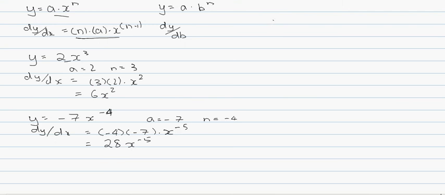Say we had y equals minus a half times x to the power of 3/4. So what will we do here? Well, no prizes for guessing, it's the exact same thing. So we get our number up here. What do we have here? We have a equals negative a half and n equals 3/4.